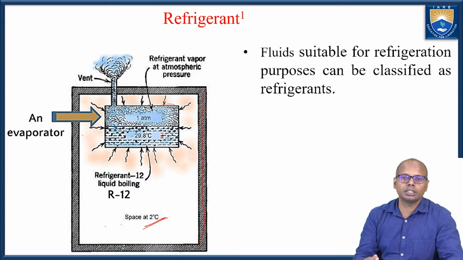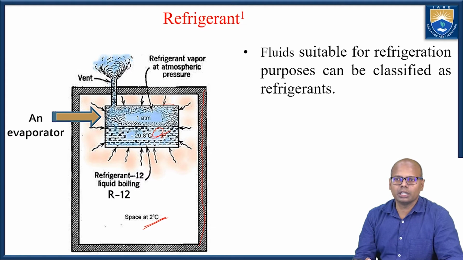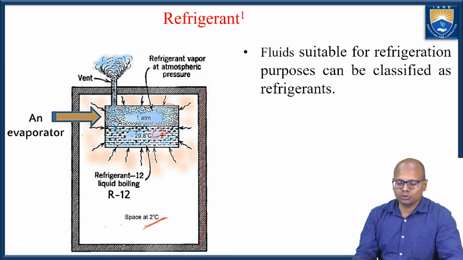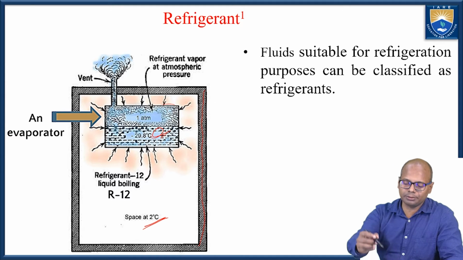Or the boiling pressure, the vapor pressure of this refrigerant, should be the atmospheric pressure or lower than that. In such cases, the fluid is suitable for refrigeration purposes, and such fluids are called refrigerants.